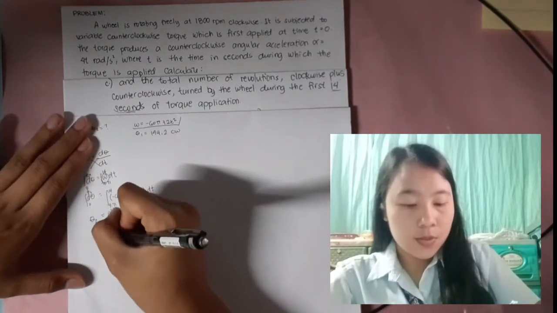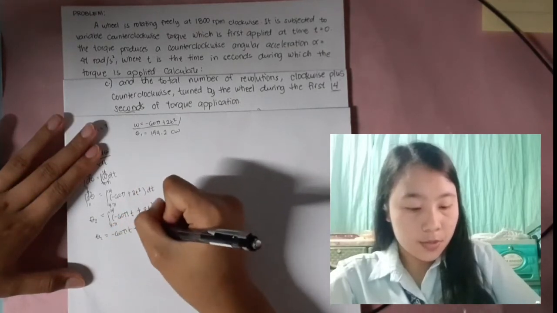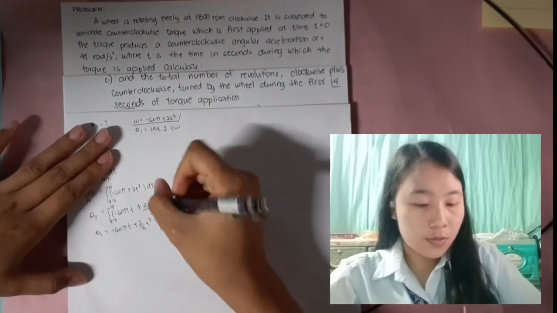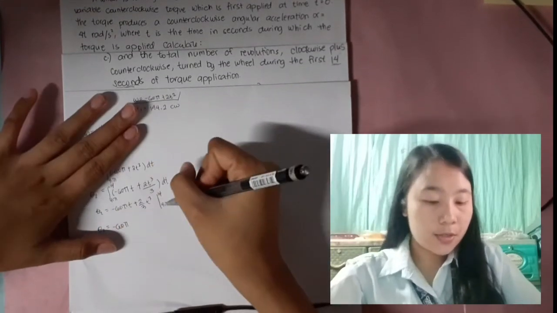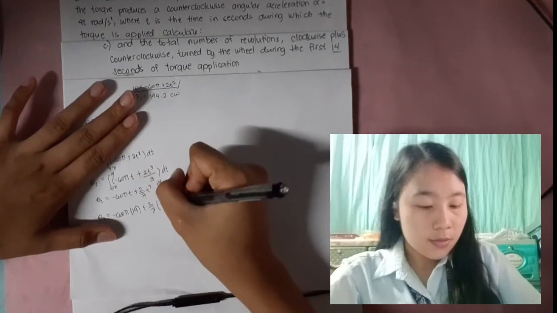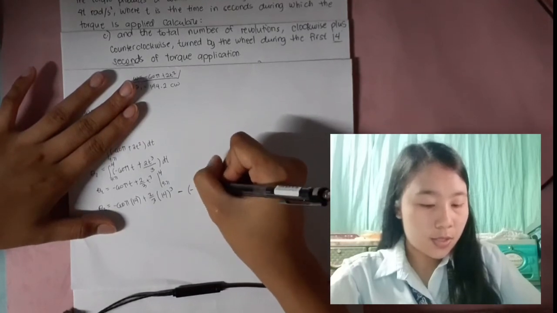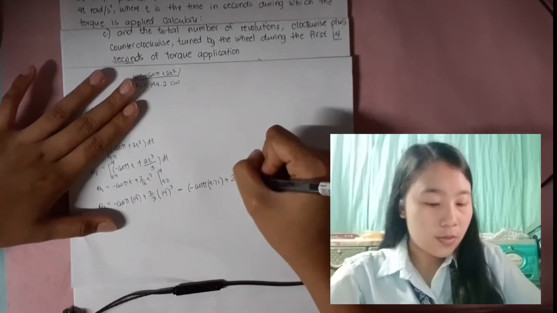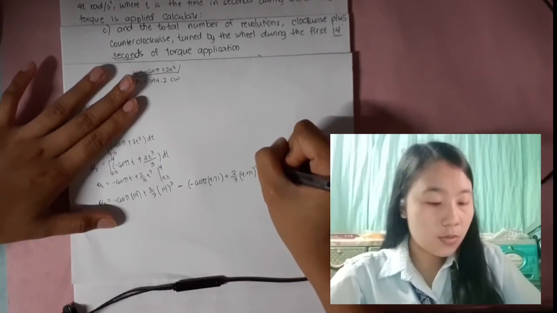So we get negative 60 pi t plus 20t cubed over 3, from 9.71 to 14. Substituting the values of t, minus the lower limit, negative 60 pi times 9.71 plus 20 over 3 times 9.71 raised to 3.